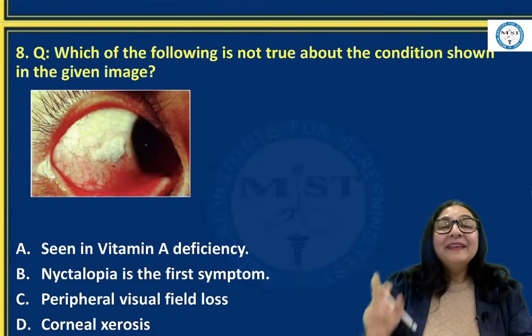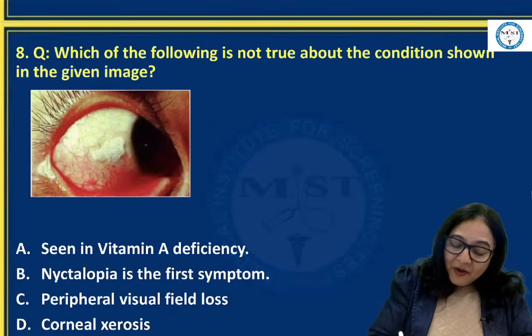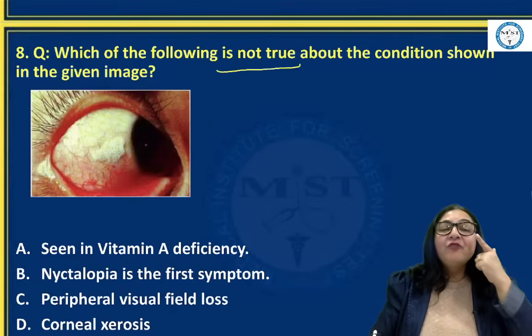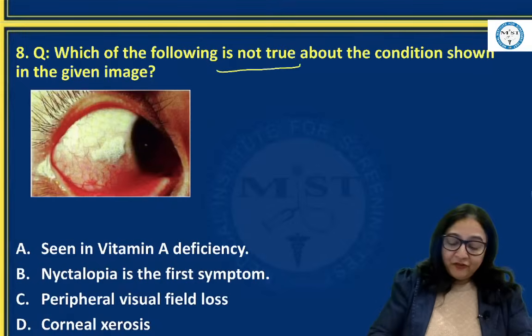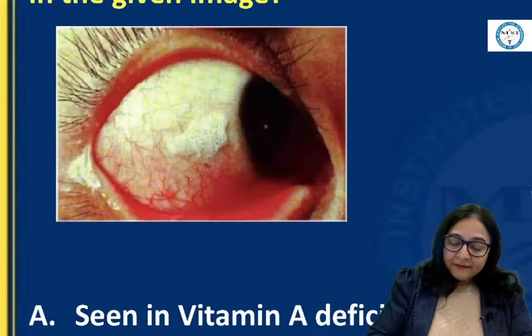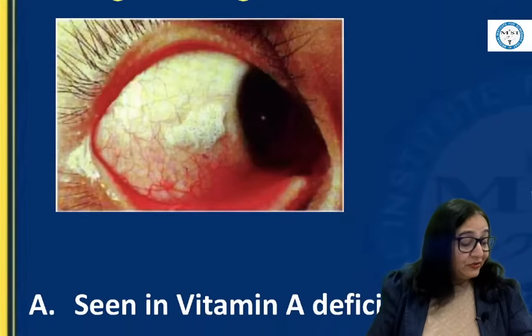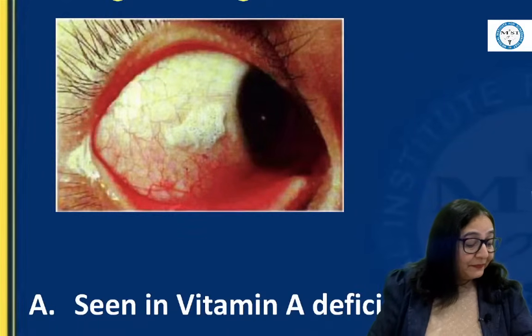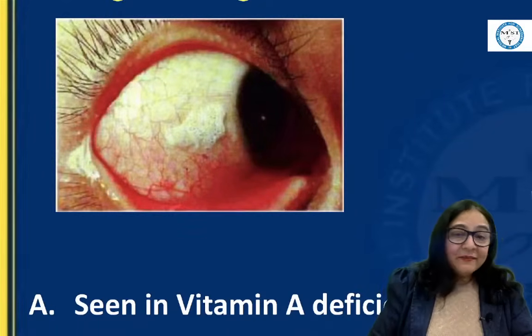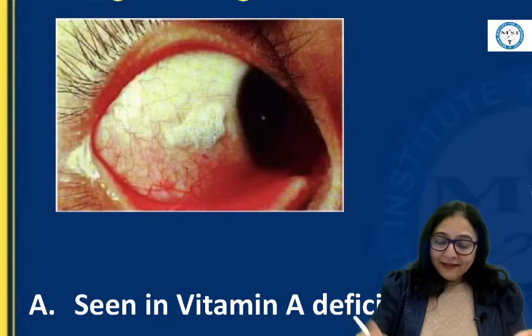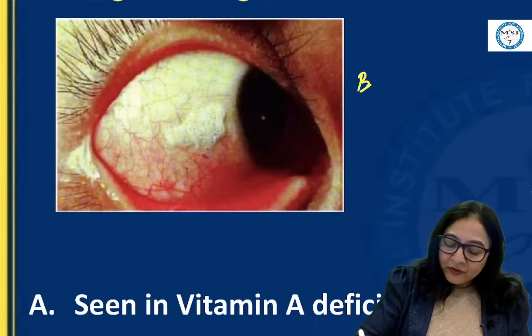Which of the following is not true about the condition shown in the given image? So all of you guys, what is the condition shown in the given image, beta? It is your Bitot's spot. So what you are seeing here, how did we identify this?